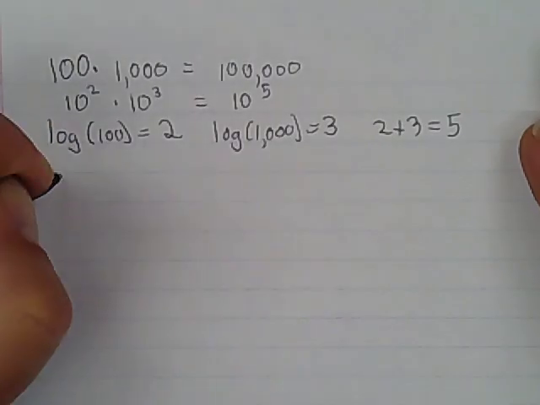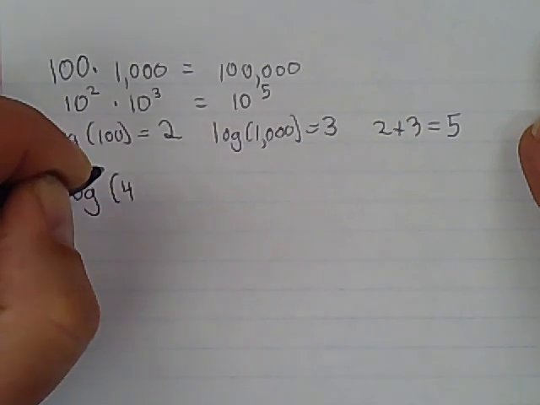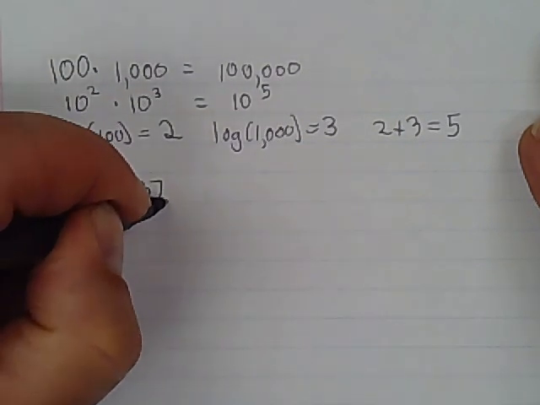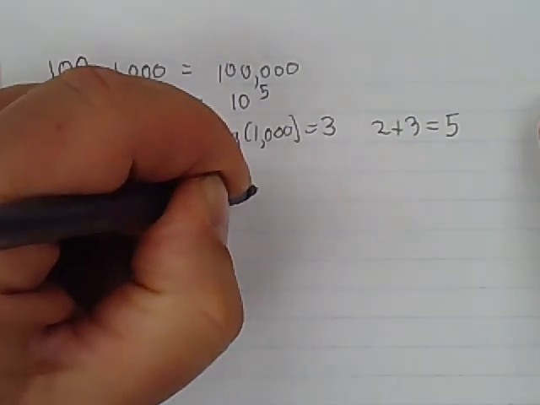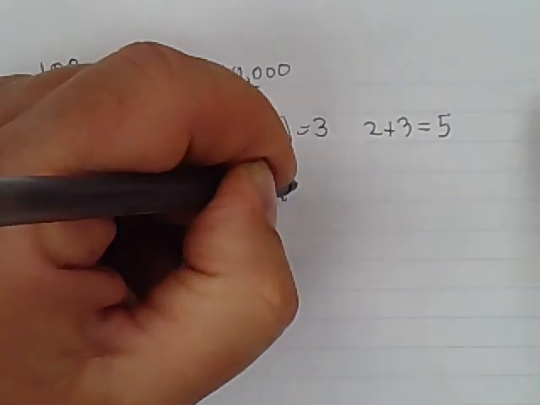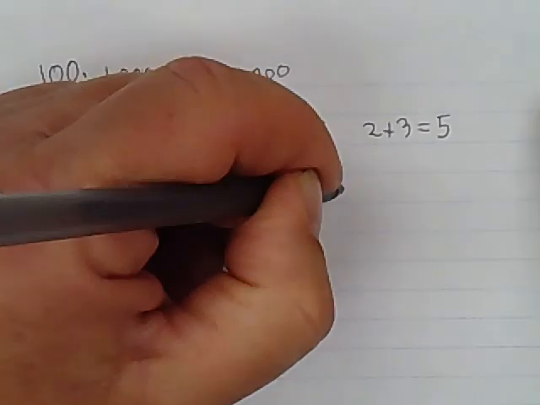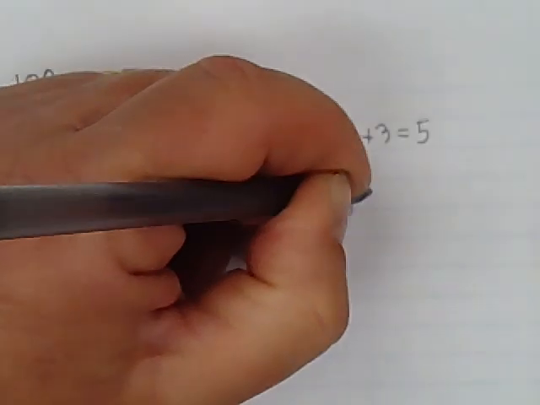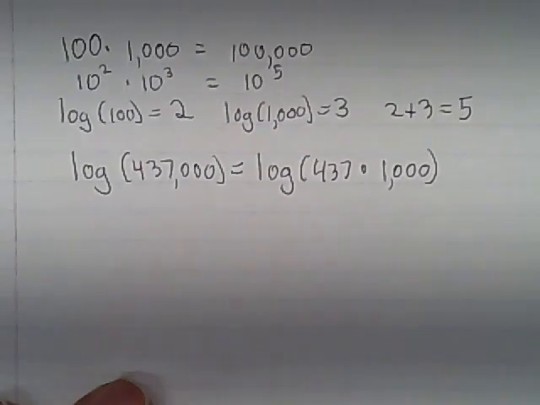Therefore, the log of 437,000, you can think of that as being the log of 437 times 1,000 in parentheses.